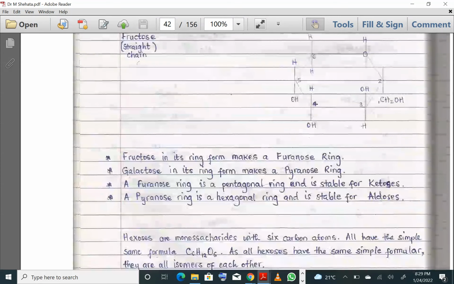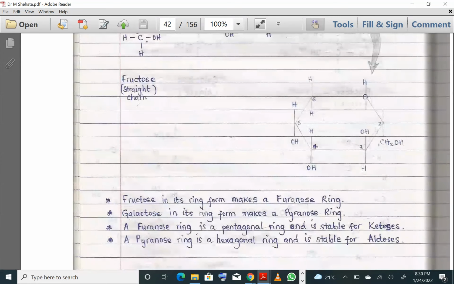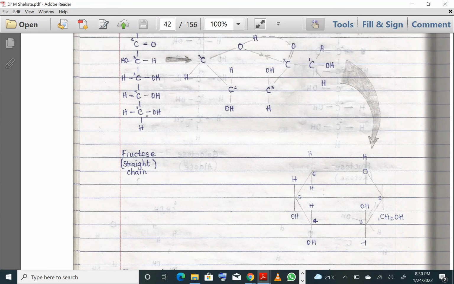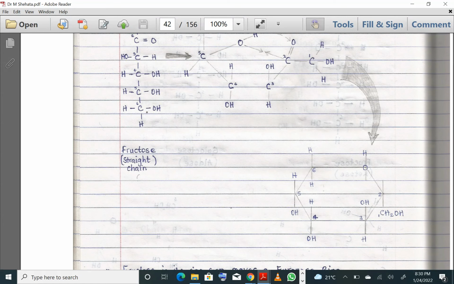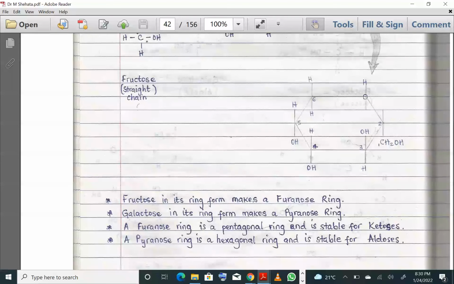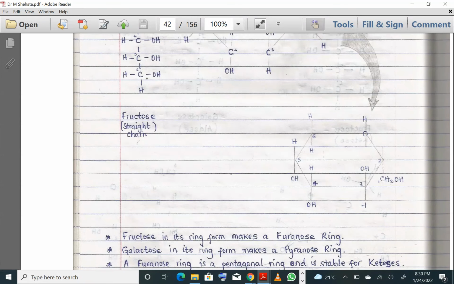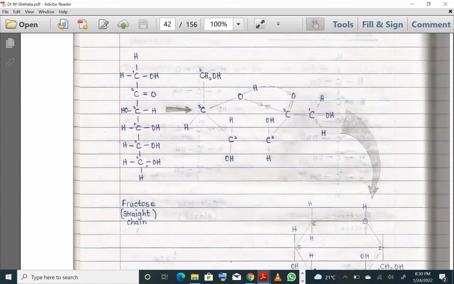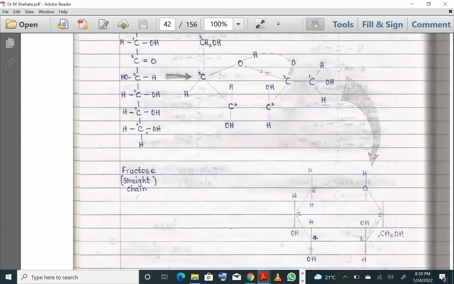However, even though the fructose can form the pyranose ring, like you can see there, the pyranose ring of fructose is not stable. Okay, so you can see here that fructose that we had on top, it forms the pyranose ring. Remember, the pyranose ring is a 6-sided ring, or hexagon in this case, right?